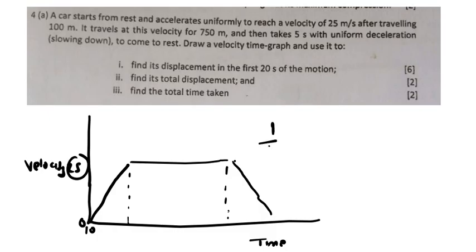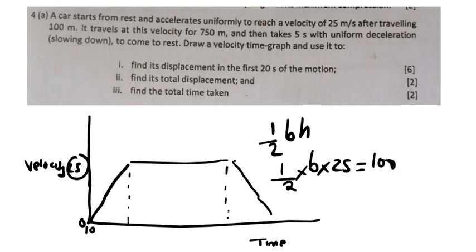Half base height: half multiplied by the base, which we are trying to find, times the height, which is 25, is equal to 100.